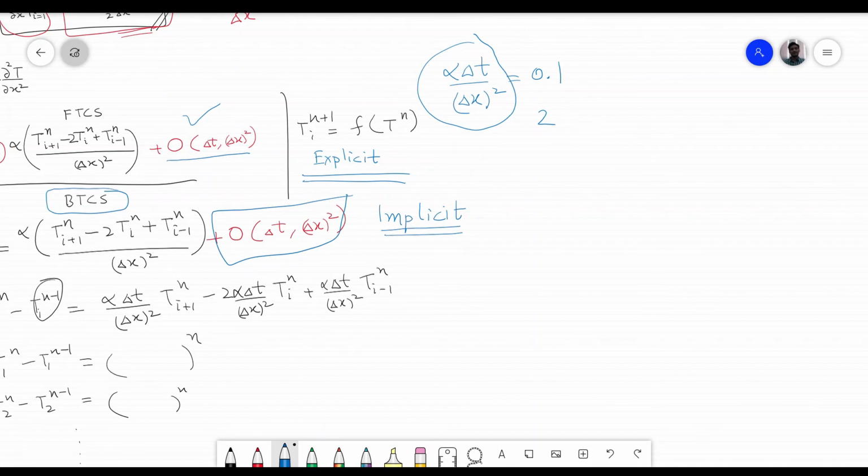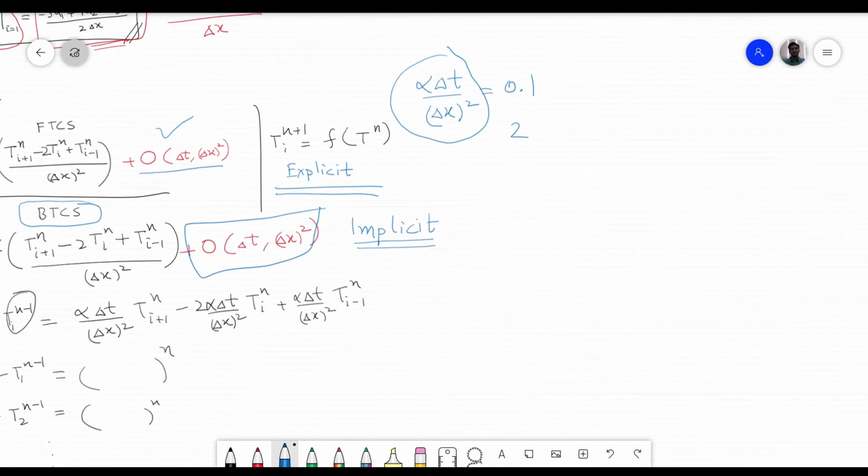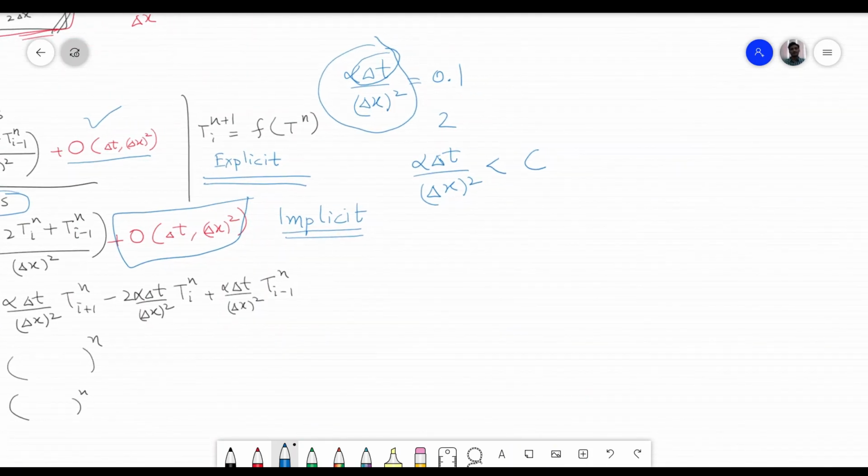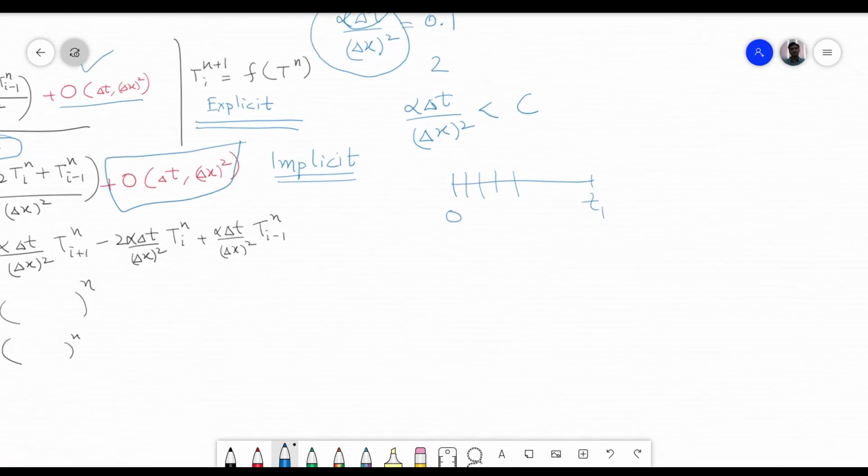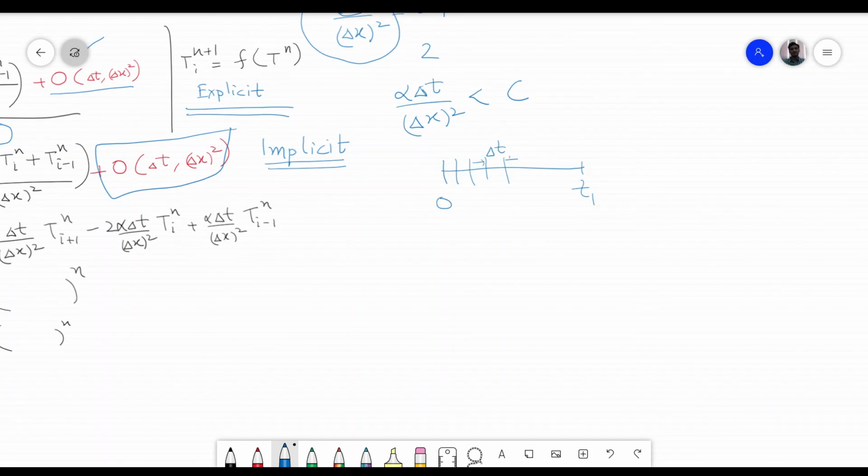Now, why do we care about this value? As you can see, in the numerator we have delta t. If alpha delta t by delta x square has to be less than a certain value c, let's say, then your delta t has to be smaller than some value. What that means is, if you want to simulate from time 0 up to t1, you have a limit on the time step, this delta t, that you can take.